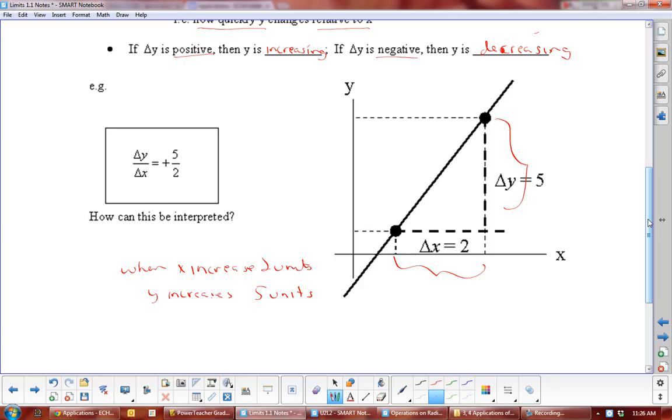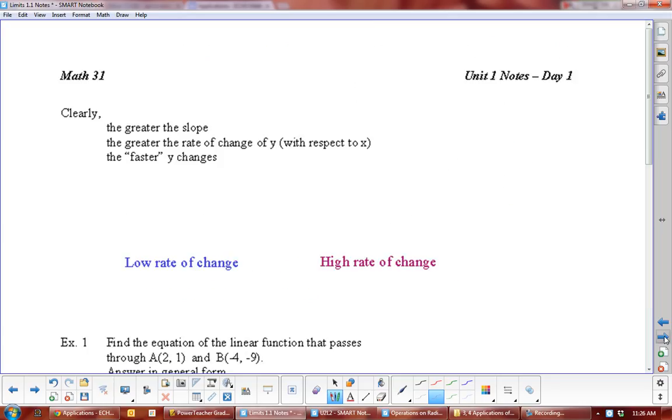Okay? And again, if you think about this stuff, you've been doing it forever, so it's not like you should be too on the edge of your seat right now. Okay, the greater the slope, the greater the rate of change of y with respect to x. So it's the faster y changes.